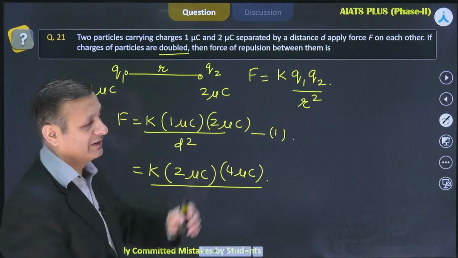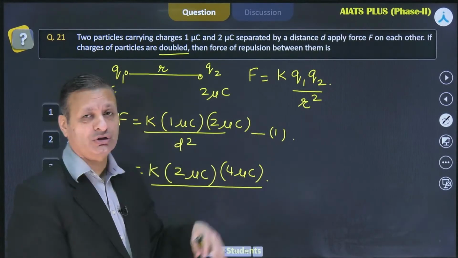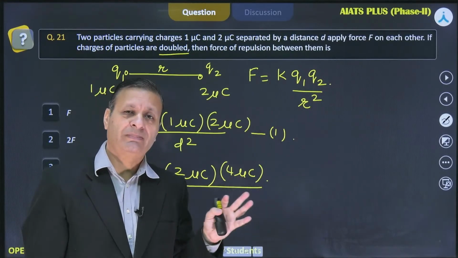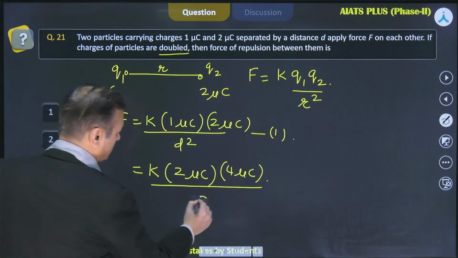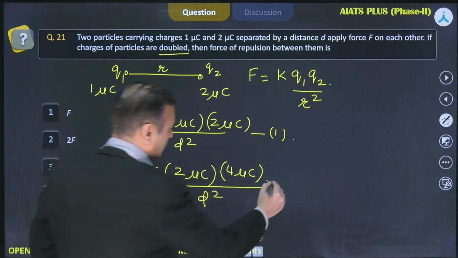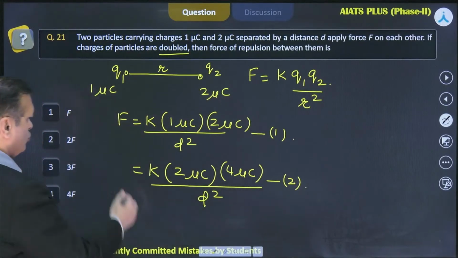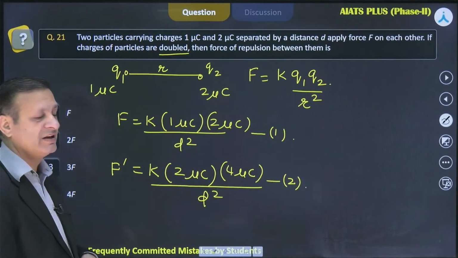Nothing is commented on the separation or anything else, so the rest of the parameters will keep the same. They are again separated by d, and this is the new expression for the force. Let's call this F prime.